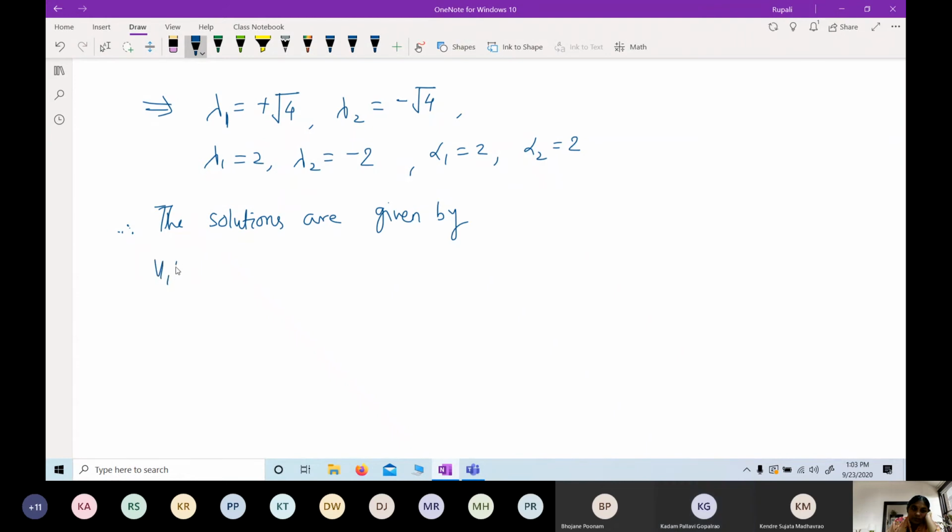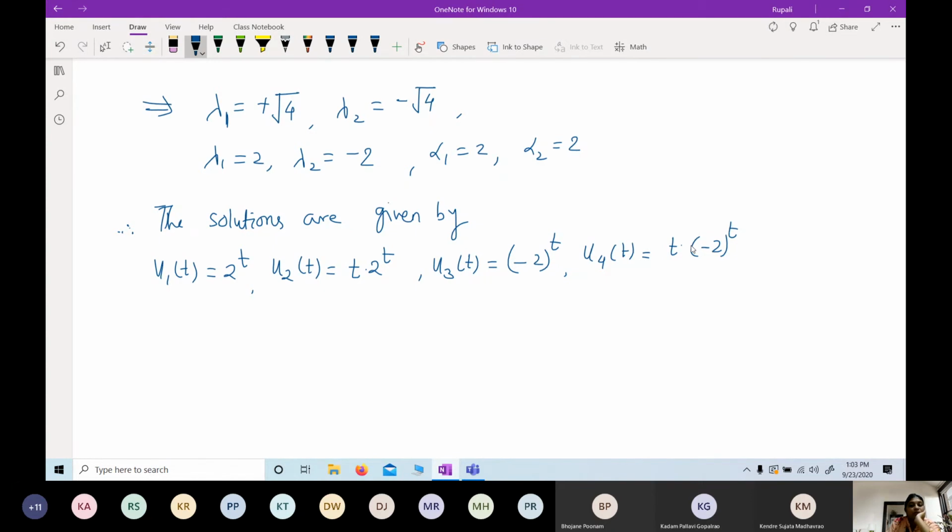U1(t) is 2 raised to t, U2(t) is (minus 2) raised to t, U3(t) is t times 2 raised to t, and U4(t) is t times (minus 2) raised to t.